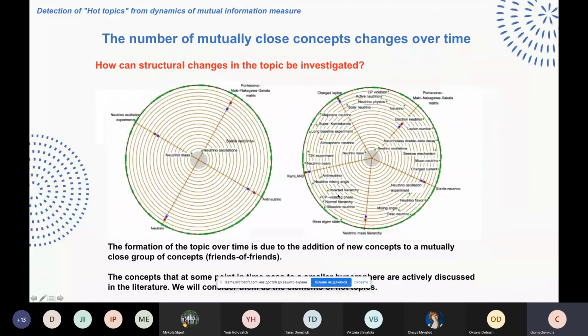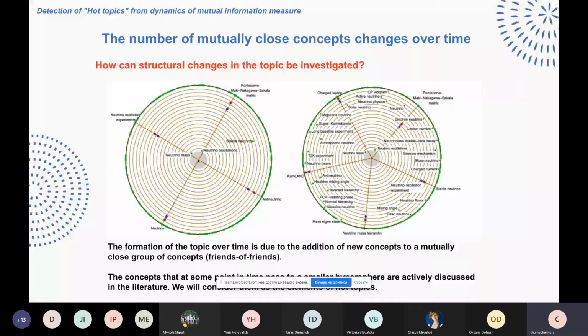So what we try to do next, we say, okay, let us look at this situation more closely. For example, at the beginning of our time series, it's 1992, we calculate the distance matrix out of the data that we have, to see what concepts would be in this hypersphere at the beginning, at 1992 of our data set.